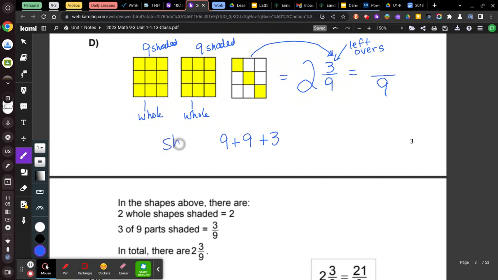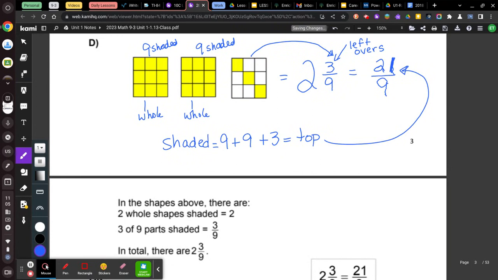This is all of our shaded parts, and this is going to be the top number of my improper fraction. So how big is 9 plus 9 plus 3? That's going to give us 21. Good job. Mental math. Awesome.